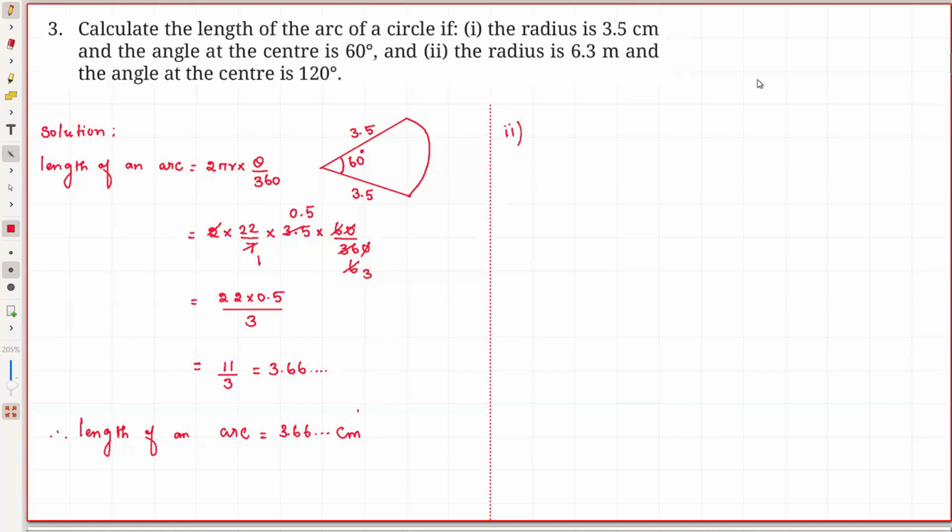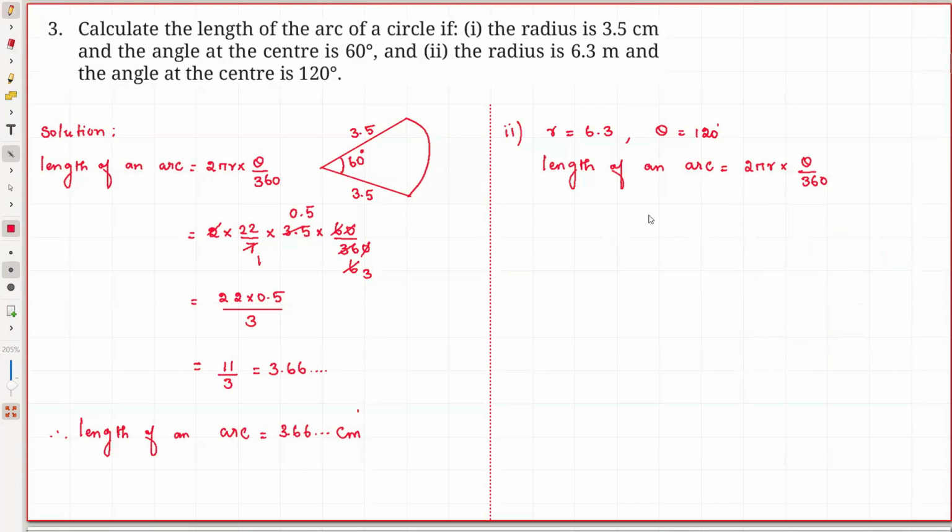Second one, what is given? The radius is given as 6.3, and the angle theta is given as 120 degree. So apply the formula for the length of an arc. Length of an arc is equal to 2 pi r into theta by 360.